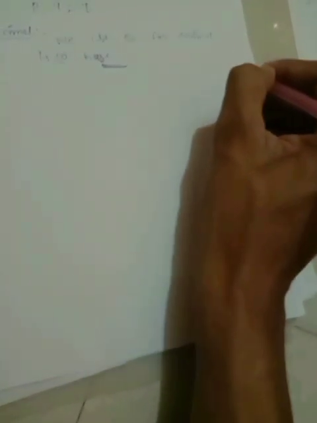And after that, there are some operations in mathematics to make your problem easy. Just look here. If you want to multiply 104 into 96, 104 can be written as 100 plus 4, and 96 as 100 minus 4. Yes or no?